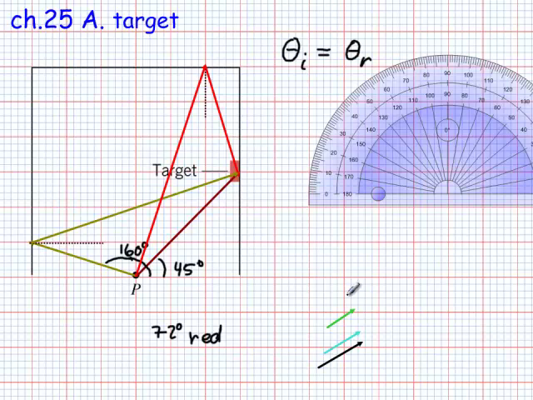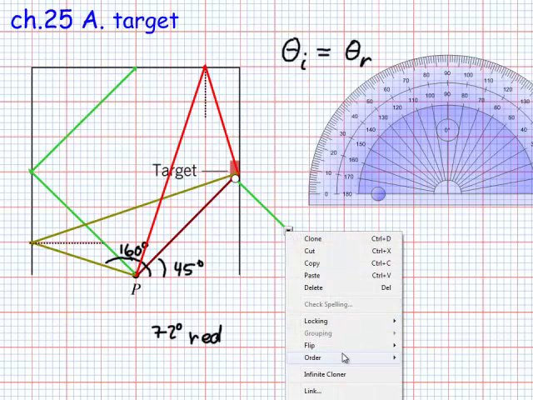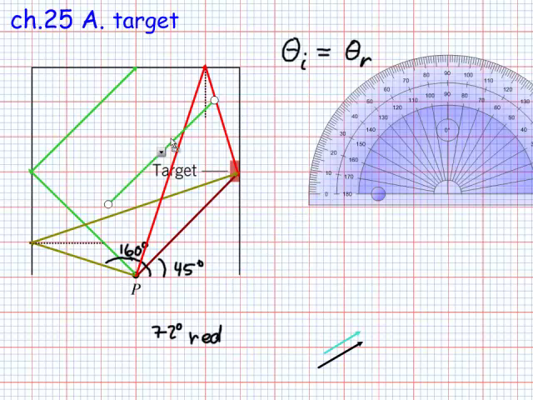Okay, and the next one I'm going to do is going to be really easy. It's going to be the one that is sitting midway here, and then it's going to hit midway here, and then it's going to hit, of course, midway over there.